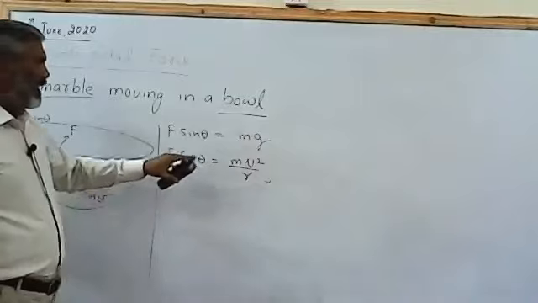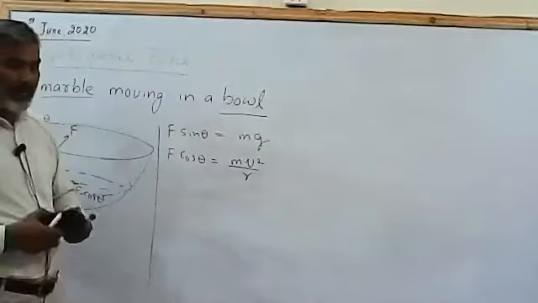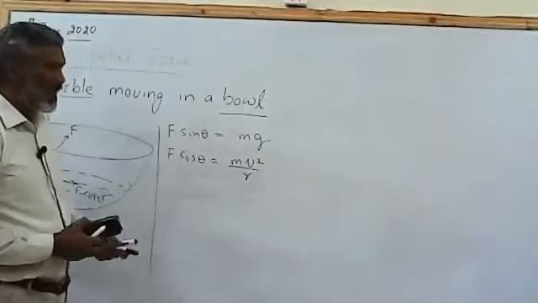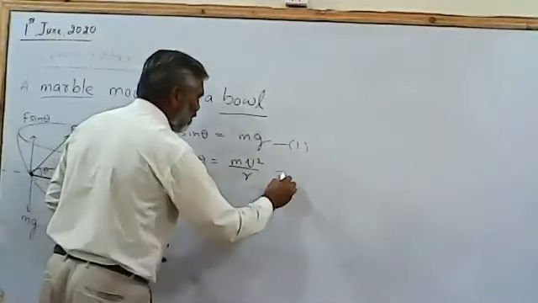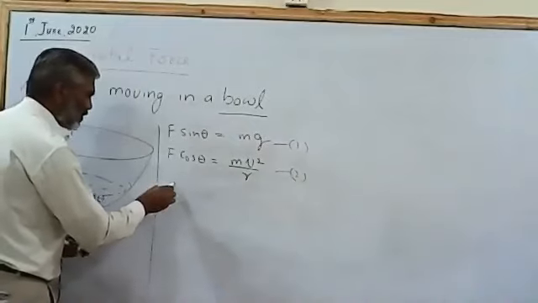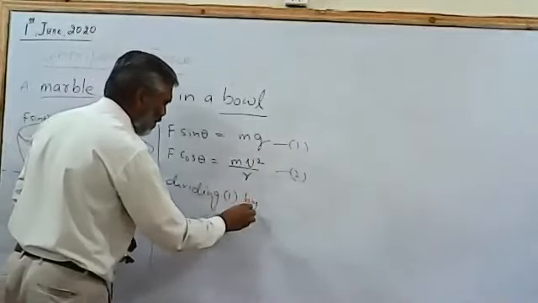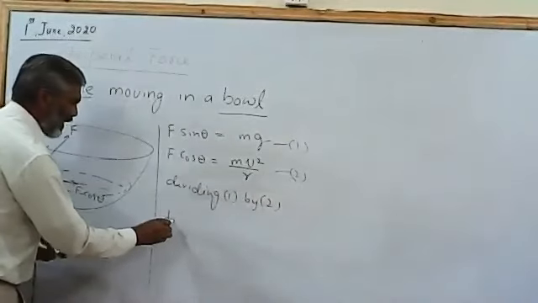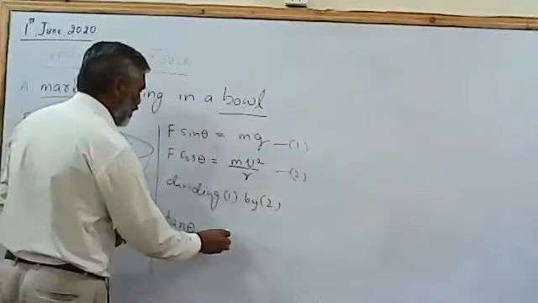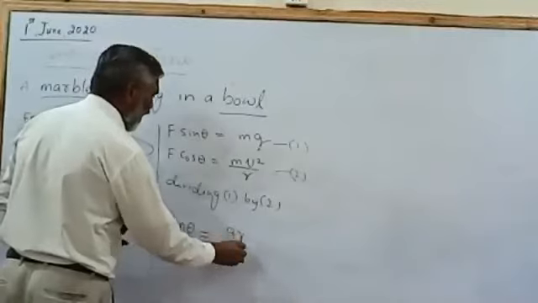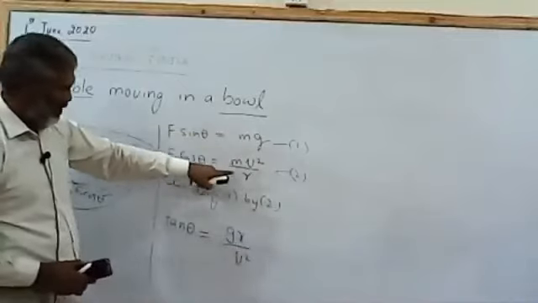I am labeling this as equation 1 and this as equation 2 for convenience, because when I divide this by this, I will get tan theta. Dividing equation 1 by equation 2, I get tan theta equal to g r over v square.